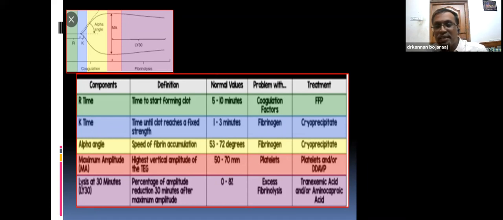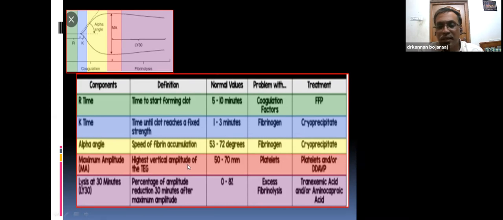That is by the platelets, and the platelets strengthen the fibrin polymers. If you read the physiology of the normal coagulation pathway, the platelets have the major role in the firmness of the clot. If this MA is reduced, the platelets are not effective and are inactive. So the therapy is platelets.